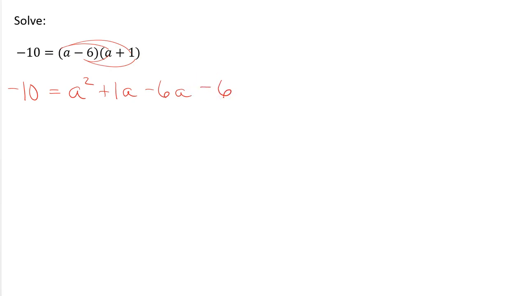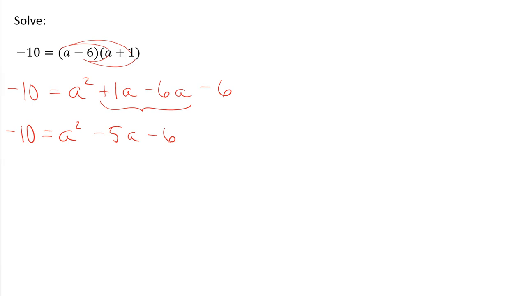So now I clearly see I have an a squared as my highest power. So my goal next is to simplify each side completely. Those two like terms add together. So I get a squared minus 5a minus 6. But now, to do anything with this, I need to get it equal to 0.